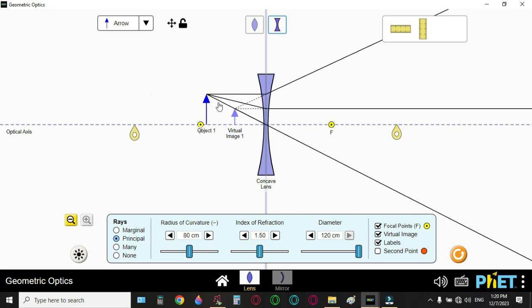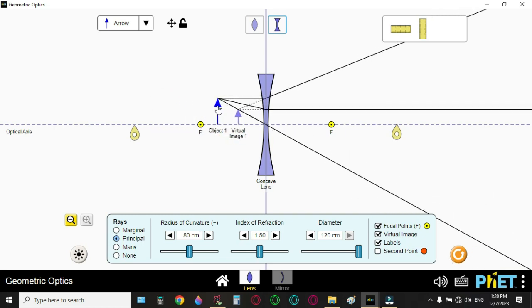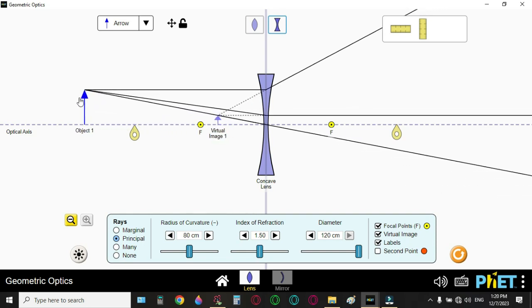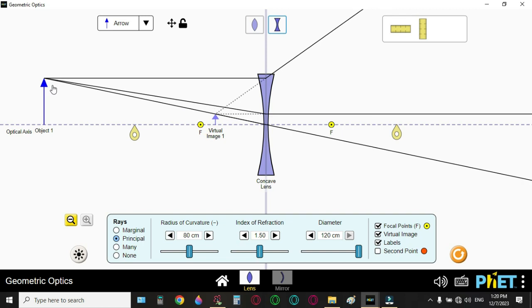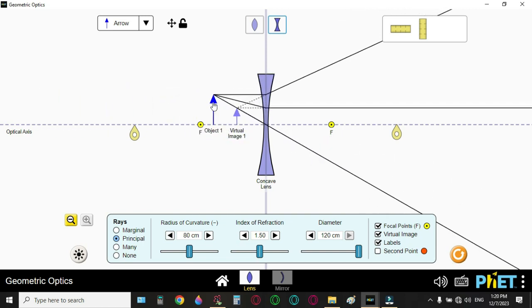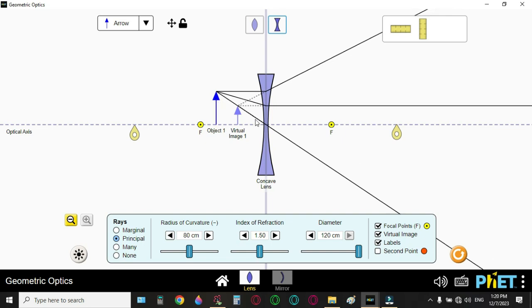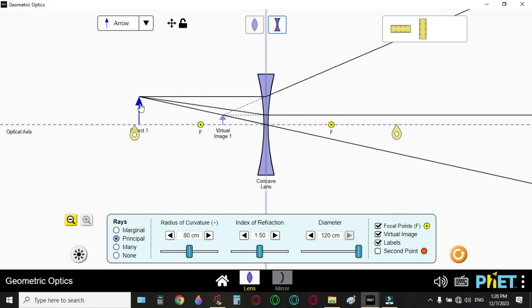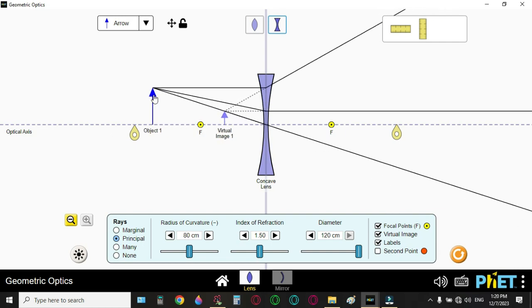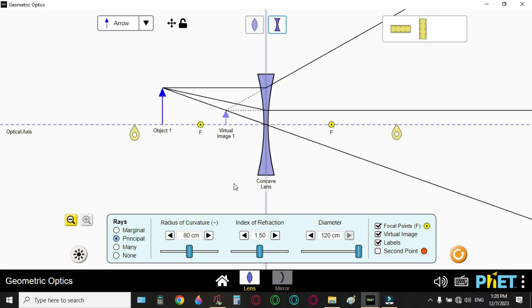The principal rays are always drawn the way that I have described. So dealing with concave lenses and the images that they form is quite simple. So that's it about concave lenses.